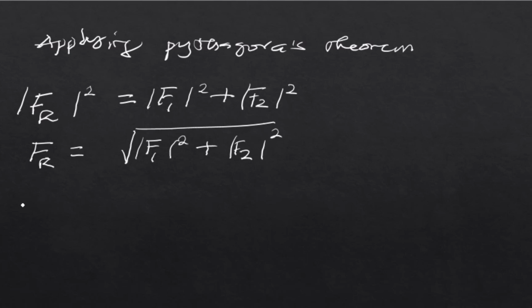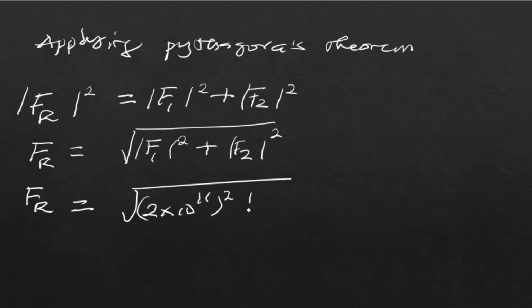So if we substitute the values that we have previously, we are going to be having FR to be equal to the square root of 2 times 10 raised to the power of 11 all squared plus 3.6 times 10 raised to the power of 11 all squared.